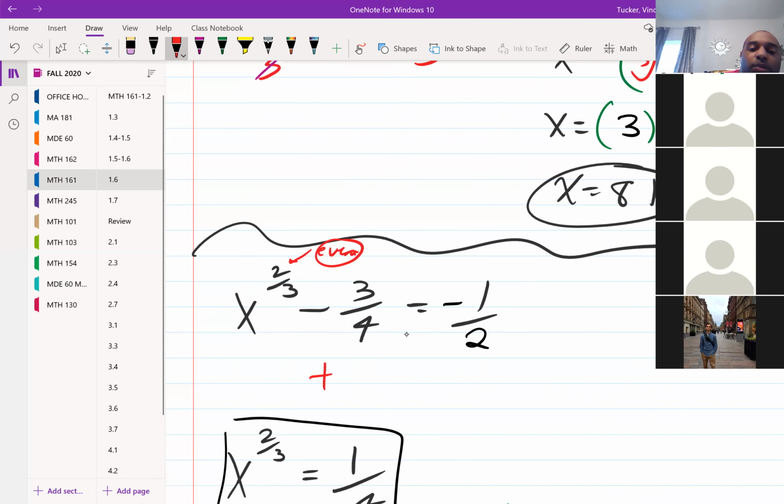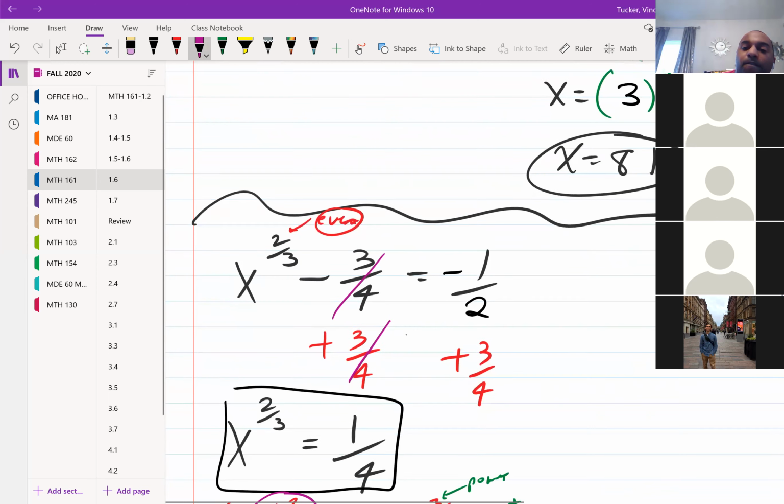So we will add 3/4 to both sides. All right. So that will give us x to the 2/3 equal to 1/4. The way that'll happen is, we have to add these two fractions.